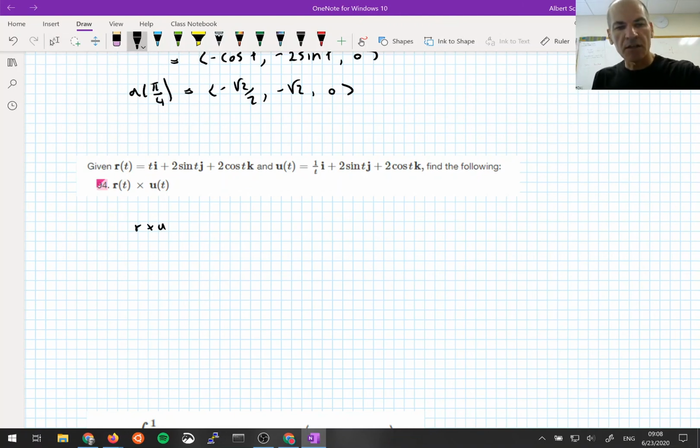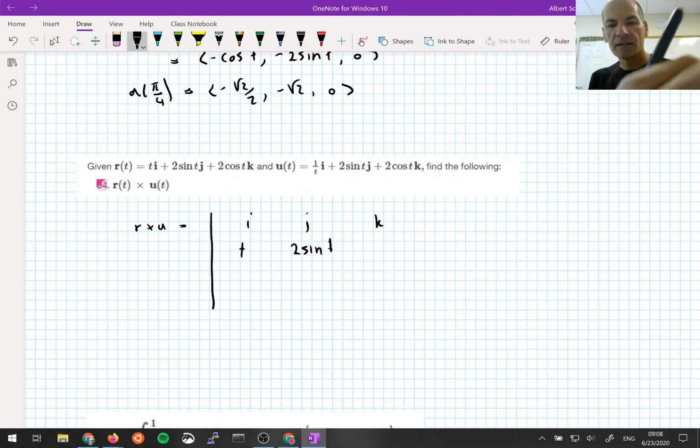R cross U is using the determinant approach for finding cross products. T, 2 sine t, and finally 1 over t. Oops, yeah, what am I doing here?